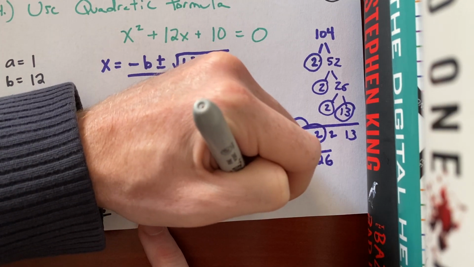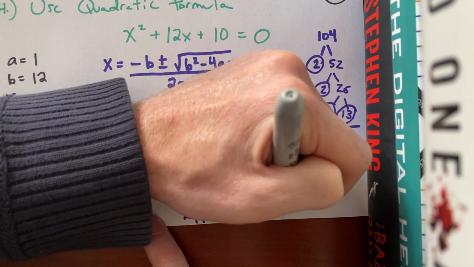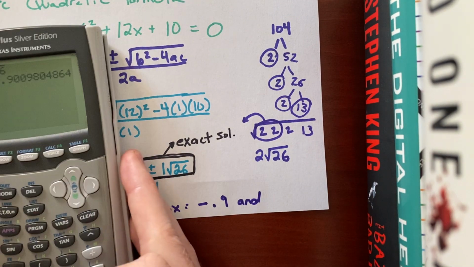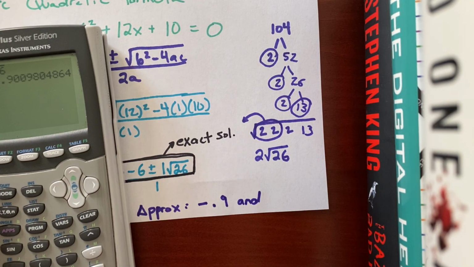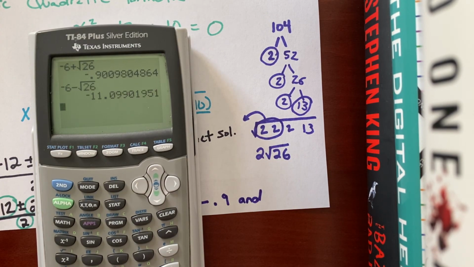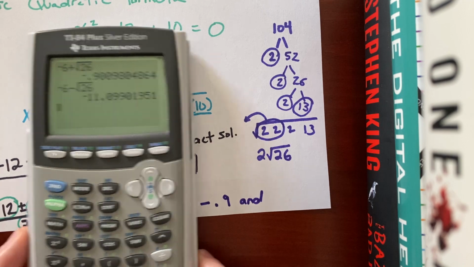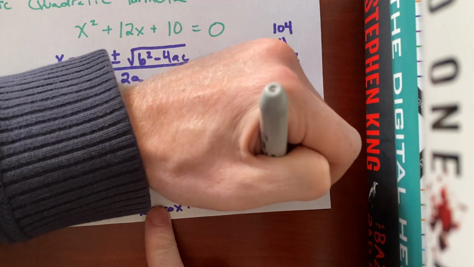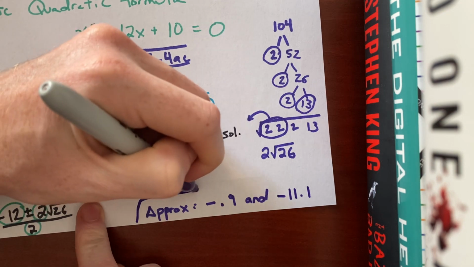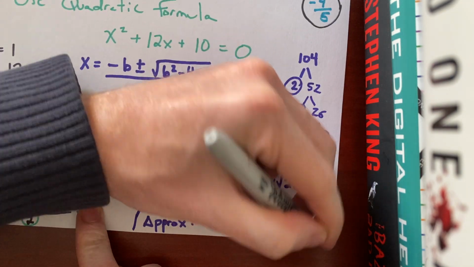One of them is negative 0.9. The other one, if I take negative 6 minus the square root of 26, let me show you, I get negative 11.1. Those are my approximate solutions.